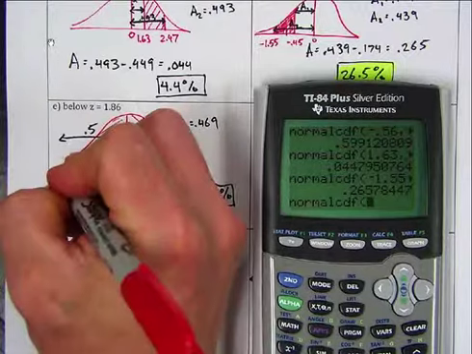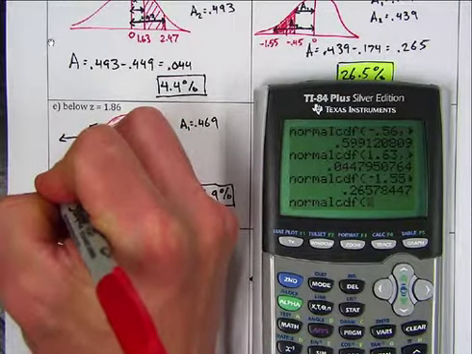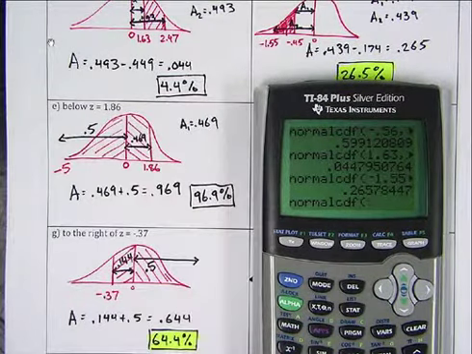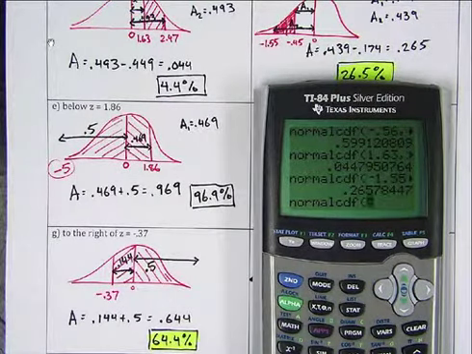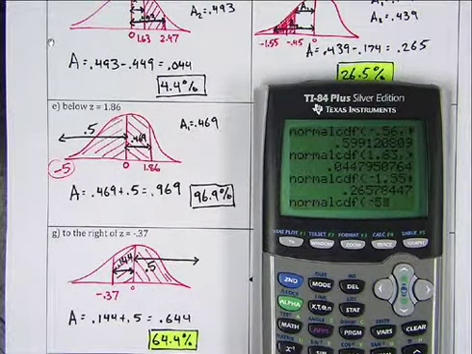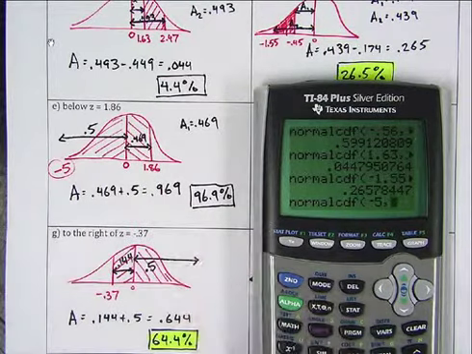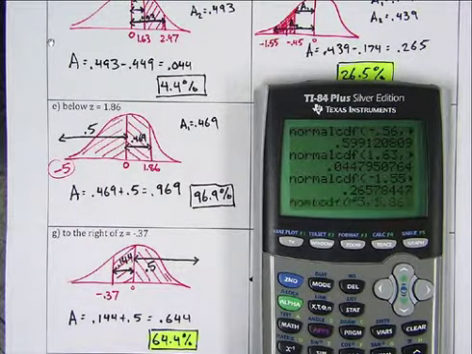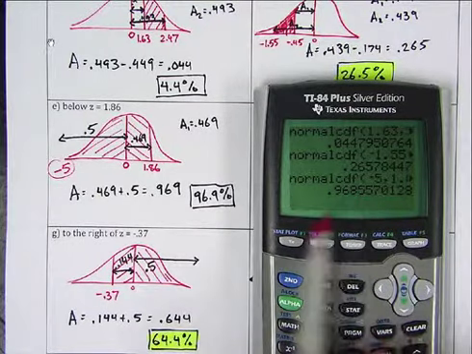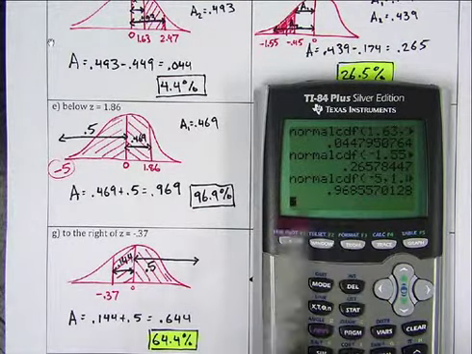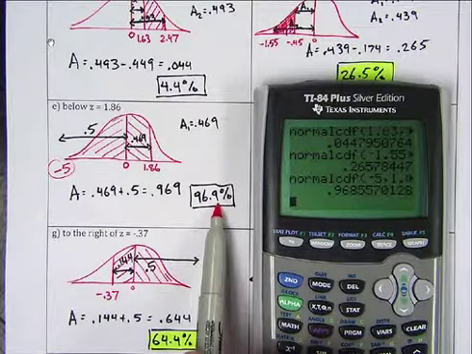So something that's very far. And so we're just going to use negative 5. And that's going to pretty much account for everything. So just hit negative 5, and then comma, 1.86. And here you get 0.969, which verifies what we got.